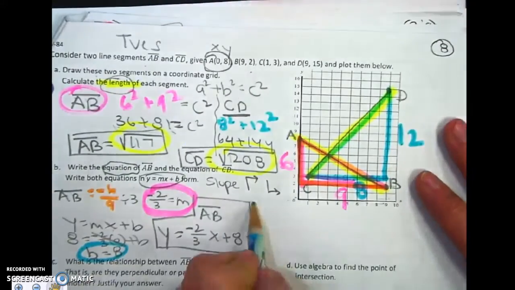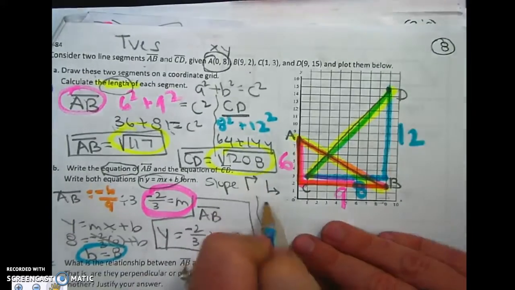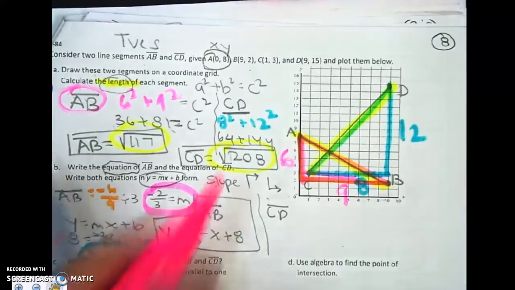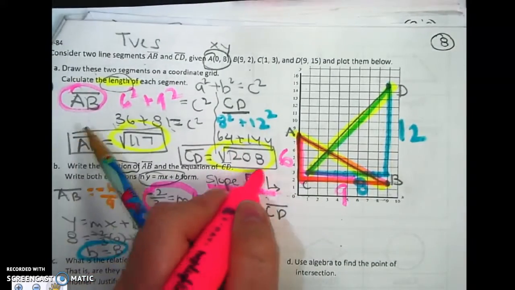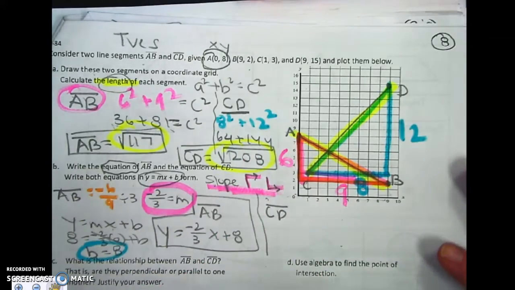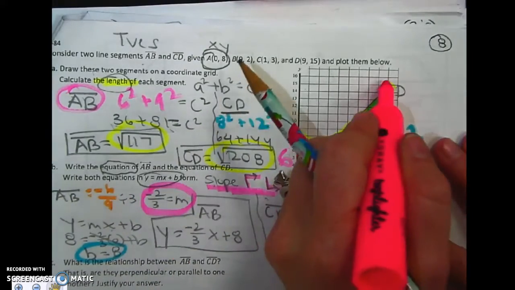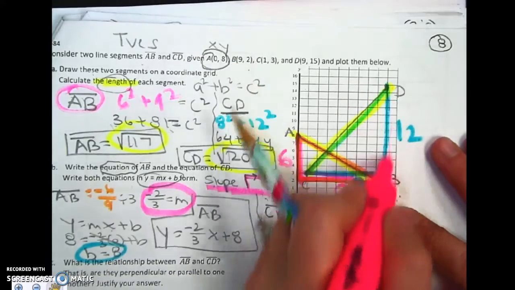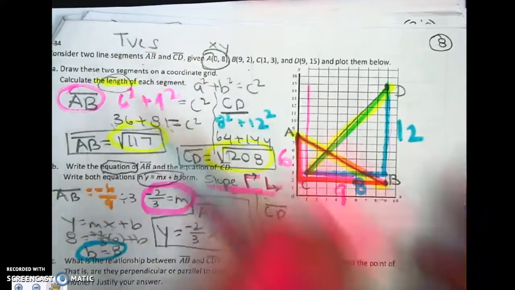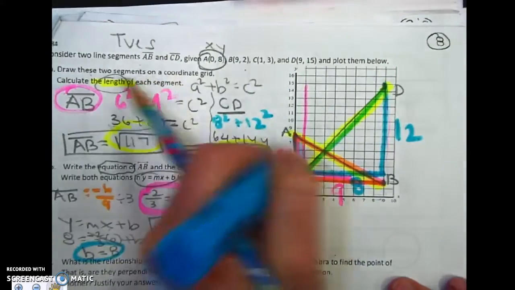Okay. Now I'm going to find CD. Remember, to find the slope, I can either go up and right or down and right. Okay. So I'm actually going to do a little bit backwards, and I'm going to go down and left. I guess I could just go like this. Up. That would be, I'll do it in blue, sorry. Up 12.